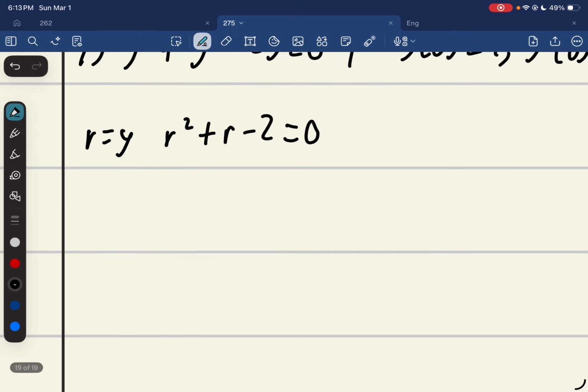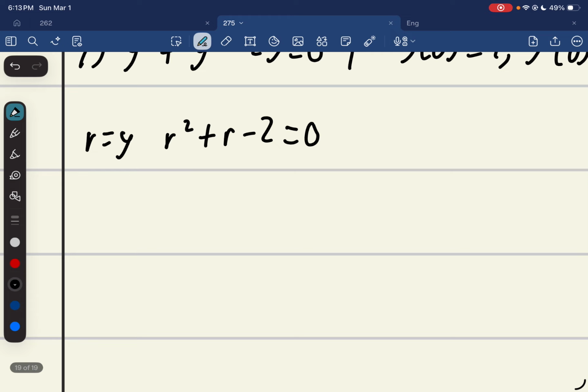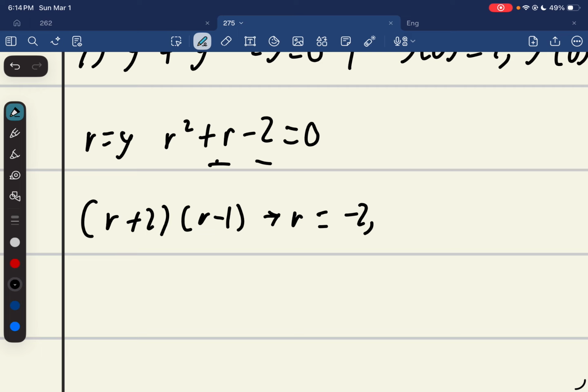And so we want to find out what adds to 1, but multiplies to negative 2. It's pretty easy, just do it in your head. That's 2 and negative 1, which means r equals negative 2 and 1.